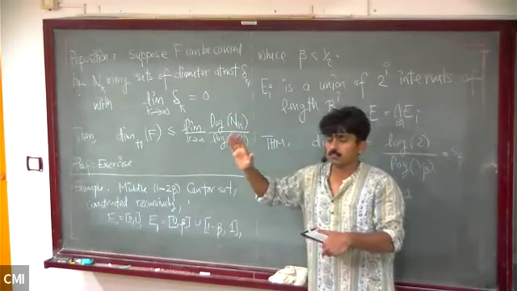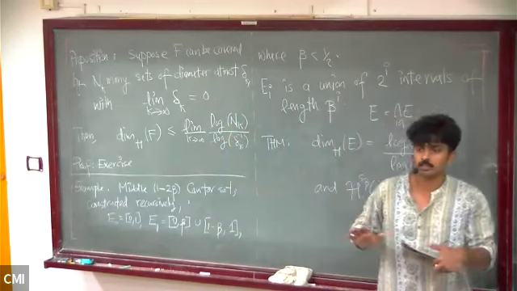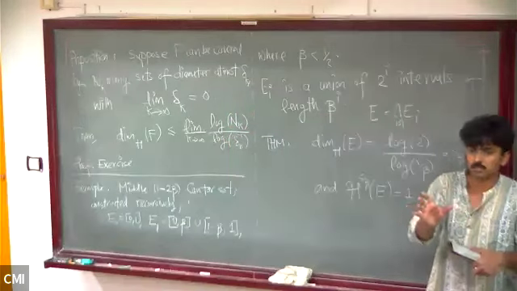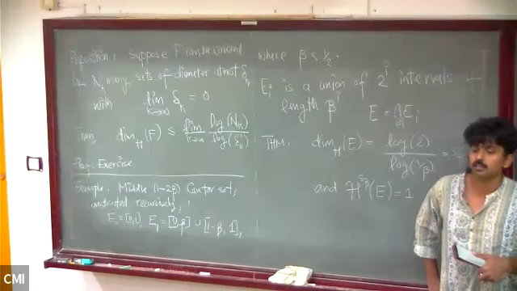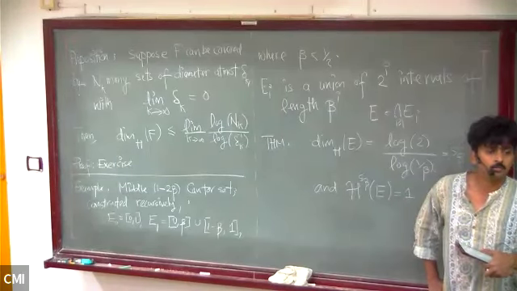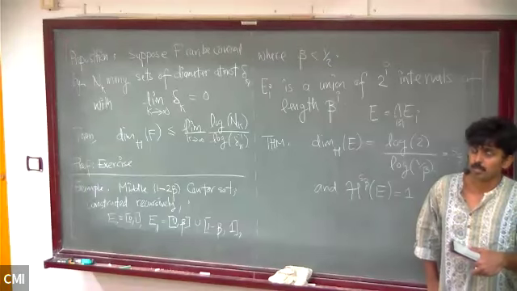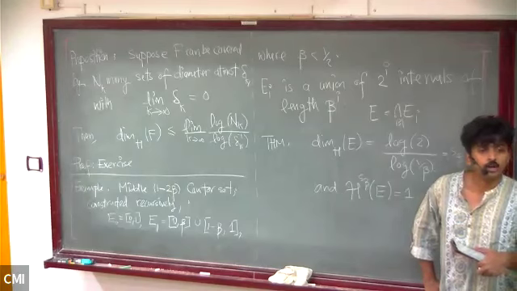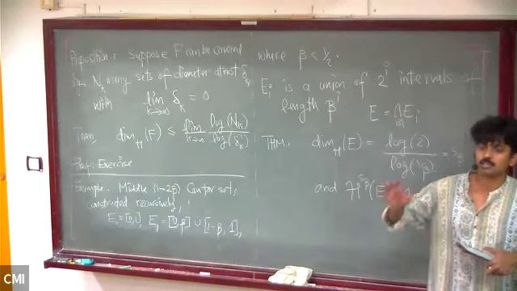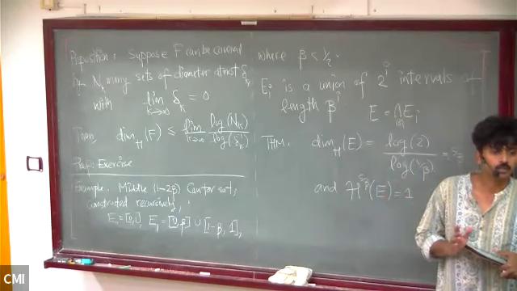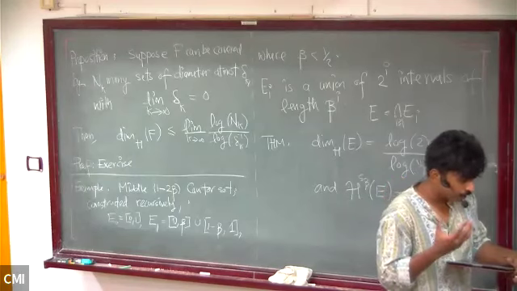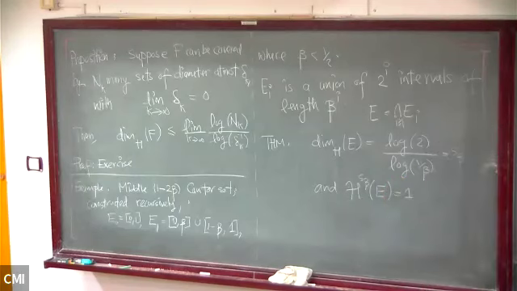Because I just have to find a really nice cover for the set, and using the sizes, the diameters of the sets in that cover, I should be able to obtain some upper bound for the dimension. For the lower bound, however, I should be able to say something about the sum of the s-th powers of the diameters for an arbitrary collection, right? That's the issue. Now, in what situation can you say that there exists a lower bound to this sum?